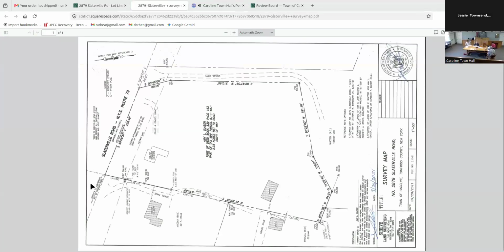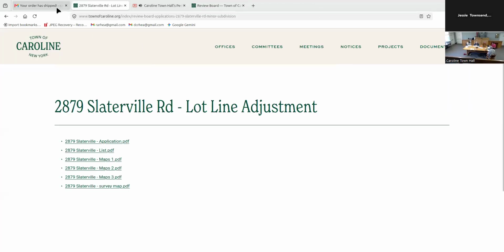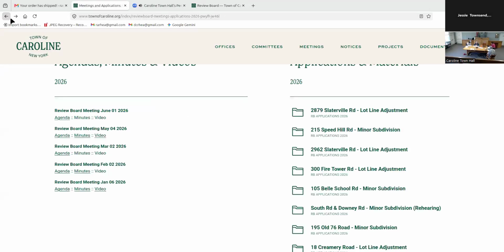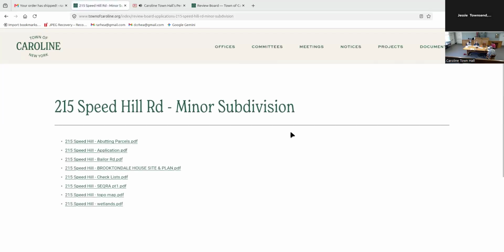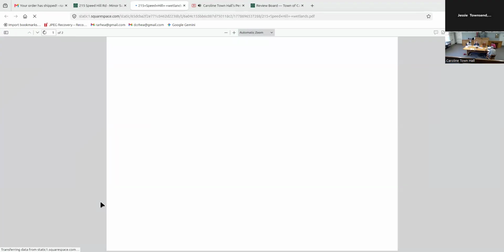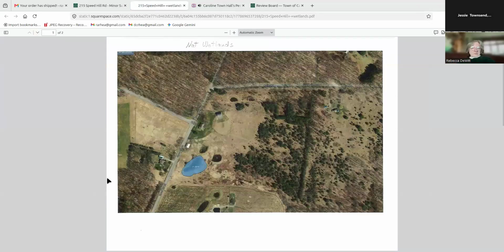Okay, definitely a subdivision. The new buyer has the ability to come in off of Baylor Road if he or she wants to build something in the future. Baylor Road Extension, yes.